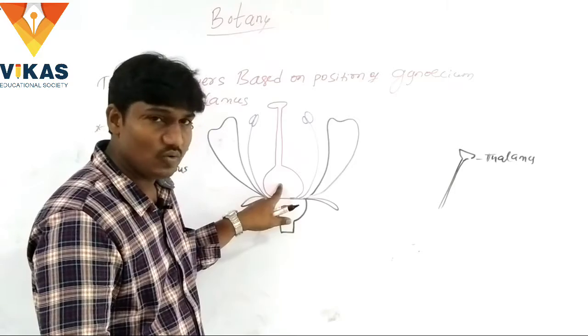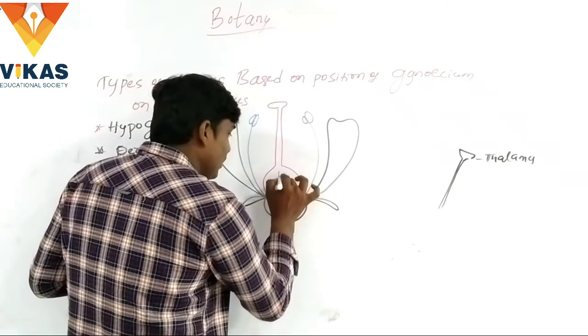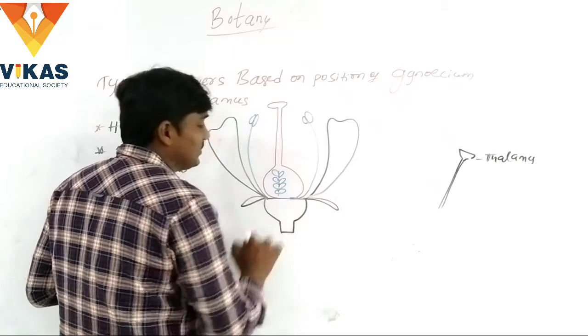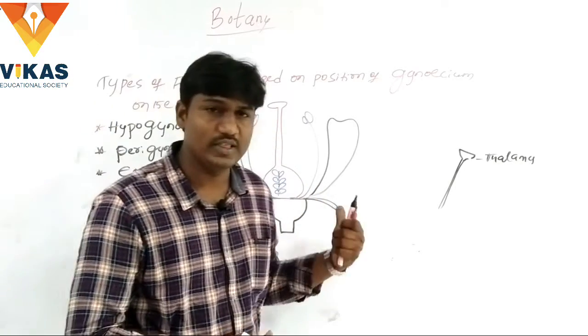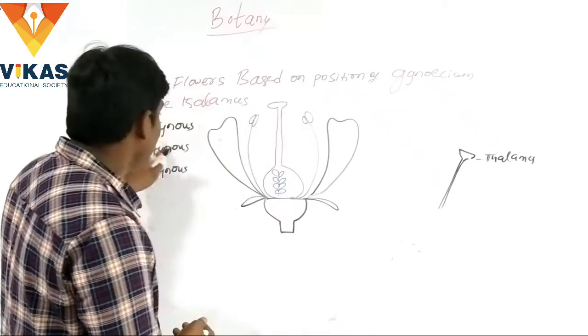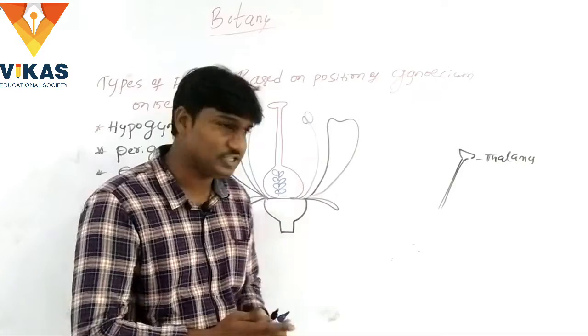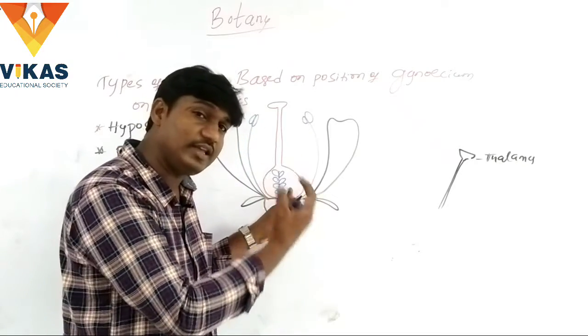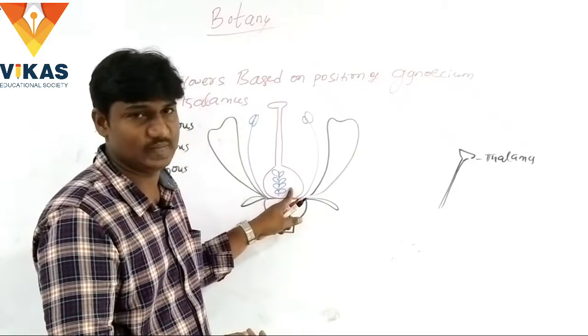So this is the ovary. Inside the ovary, ovules are present. Here, what is hypogynous? Hypogynous means the ovary or gynoecium is seated on the highest position of the thalamus.